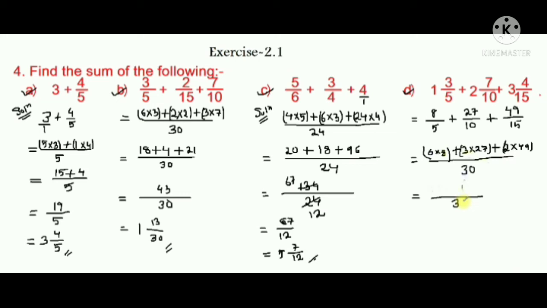And then 6 into 27, 7 6s are 42, remaining 4, 6 2s are 12 plus 4, 162, plus 2, then there will be 81, right? And then plus sign you give, now 2 into 49, that means 98.